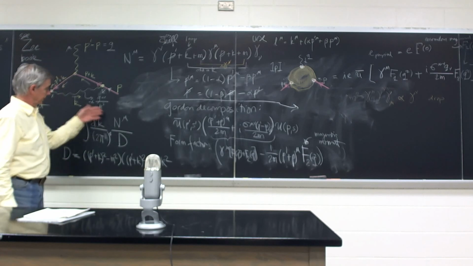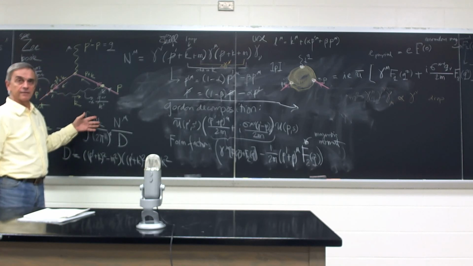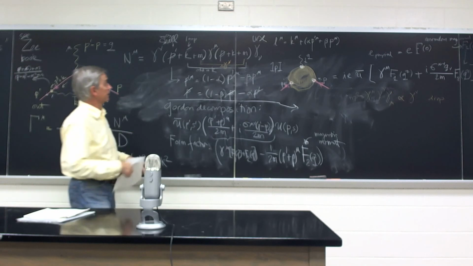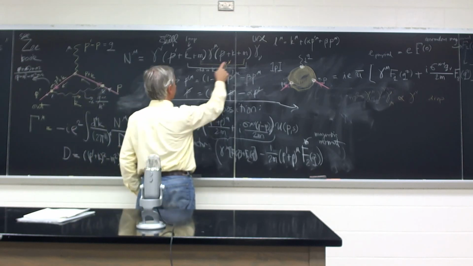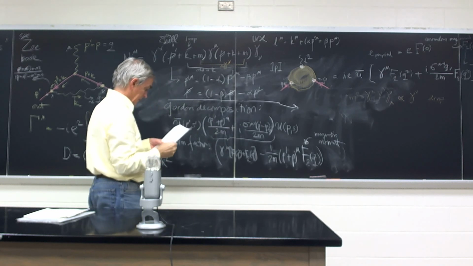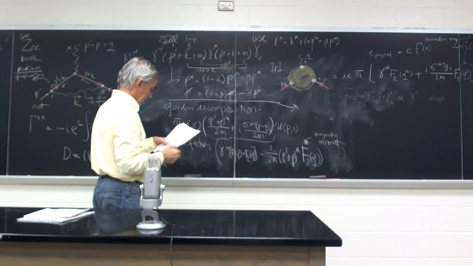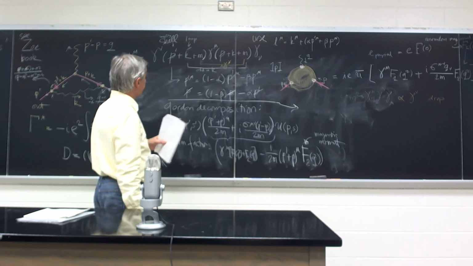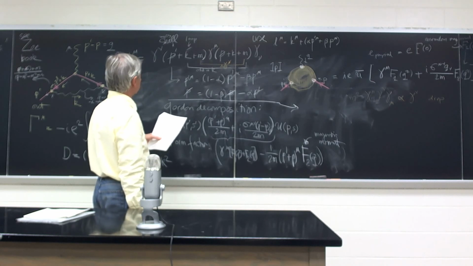If I integrate over all space an odd function, I get 0. So I can get rid of that one, and then of course there's another cross term like that one.